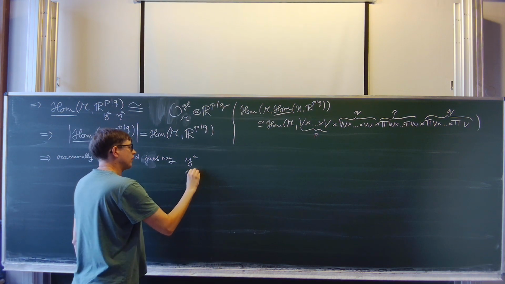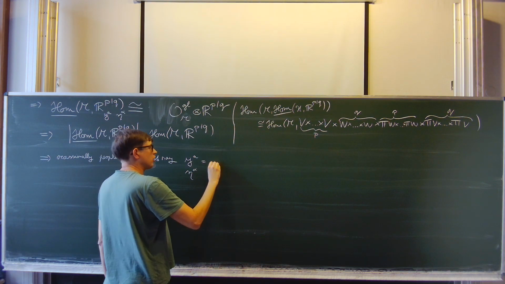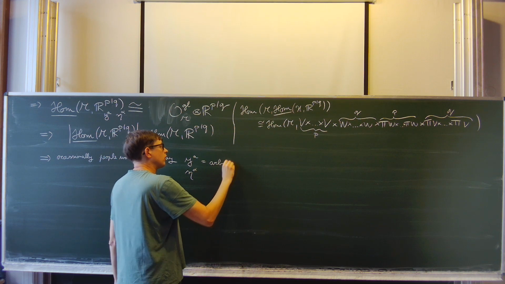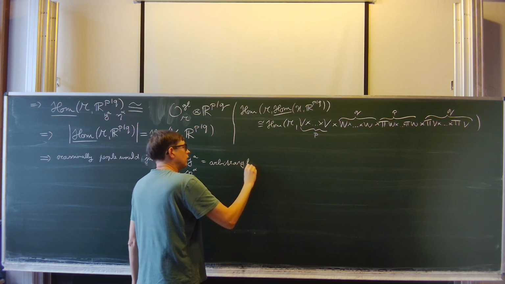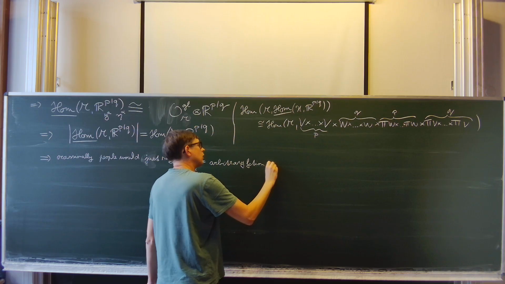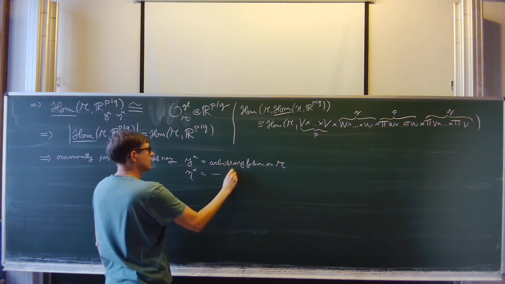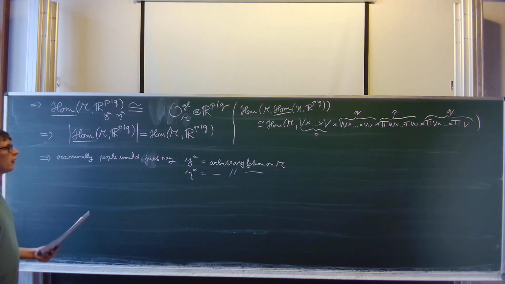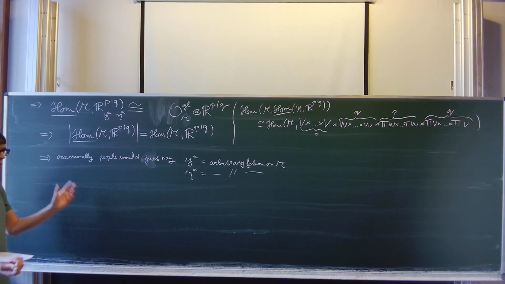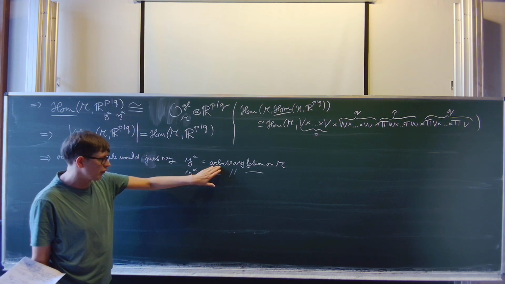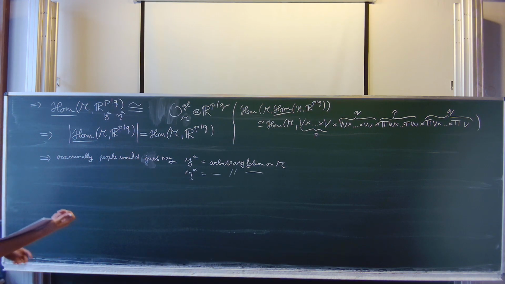So you say that this thing is now an arbitrary function on M, and same as this one. So this would be kind of the analog to what we had before, where you only require this is an even function and this is an odd function.